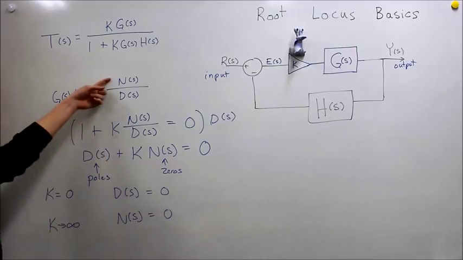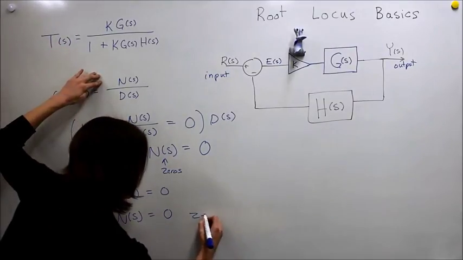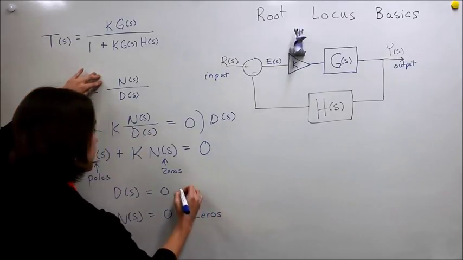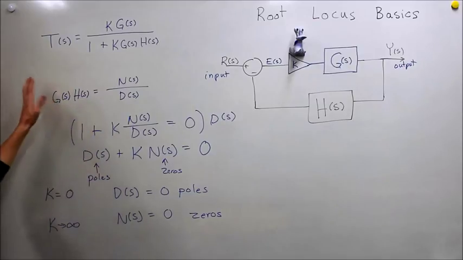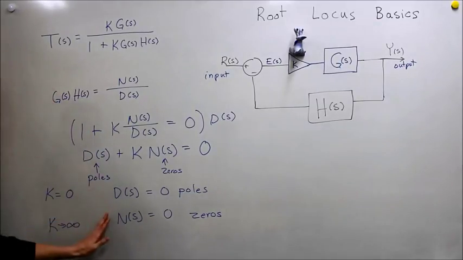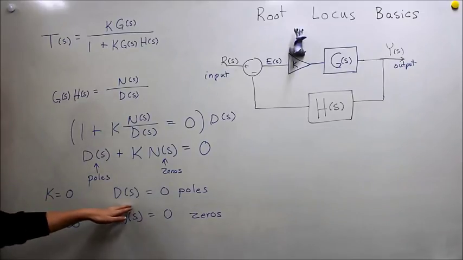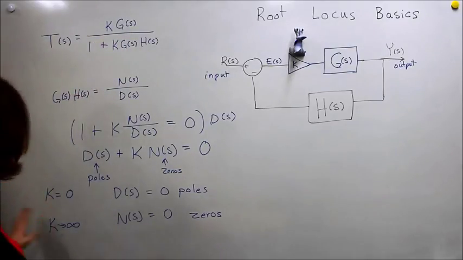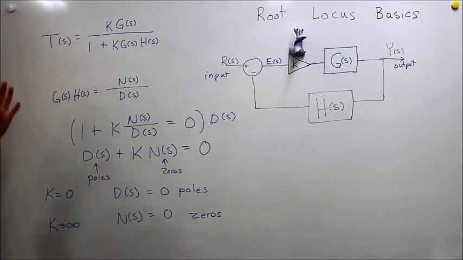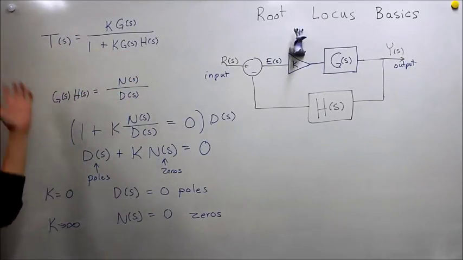This is the numerator, so these are the zeros, and these are the poles of our GH. So in a sense, if k is 0, the poles of this thing are our closed loop poles. And if k is infinitely high, the zeros of this system become our closed loop poles.